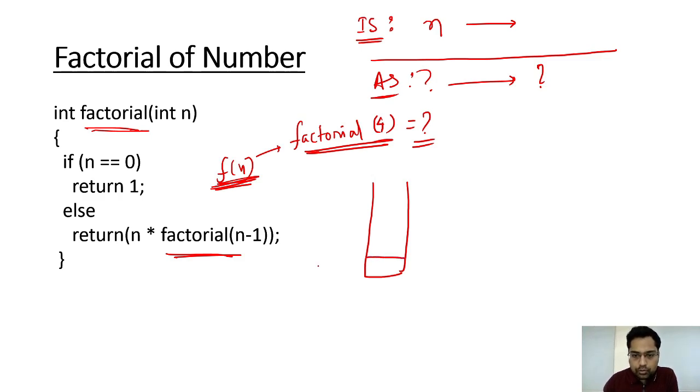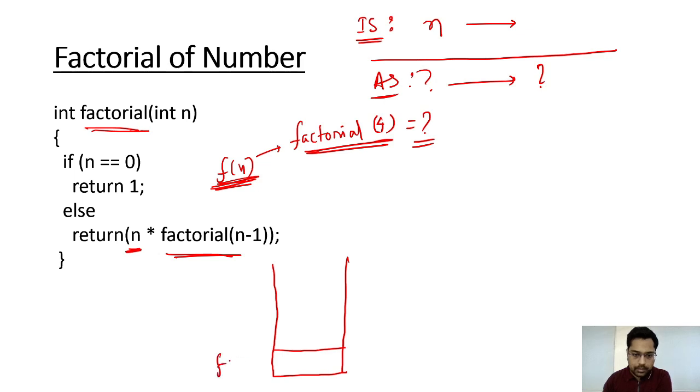F of 4 will be n into f of n minus 1. I'm creating it in such a way that you'll understand it better.